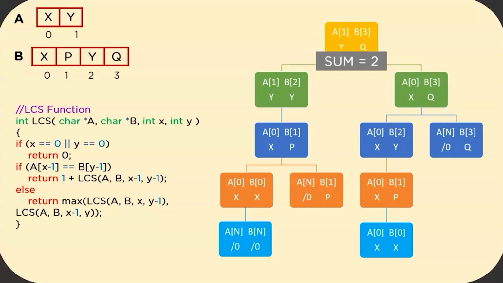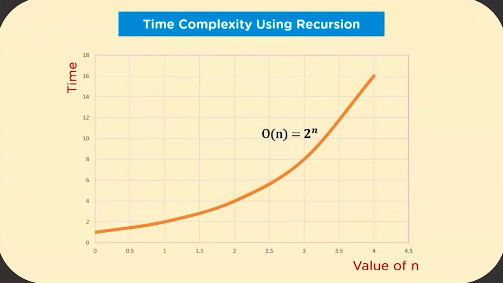Now, for these two strings which have small length, you can see that the complexity will be equal to 2 to the power n, where n belongs to the depth of the binary tree. That is huge complexity. If you look at the complexity graph, you'll get a parabolic graph, which will increase continuously or exponentially. However, this problem can be resolved by using the dynamic programming paradigm.